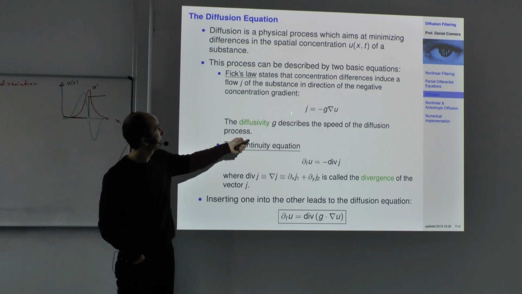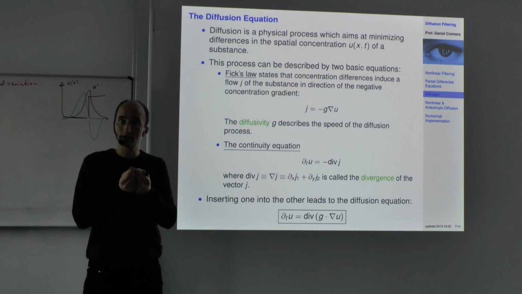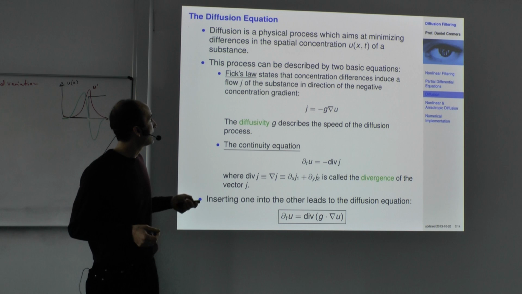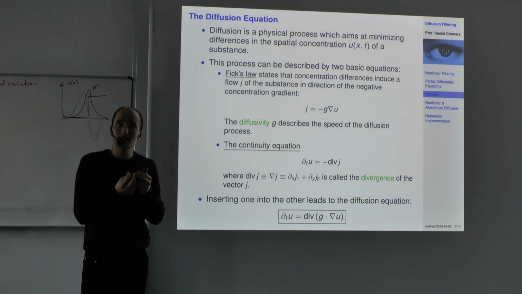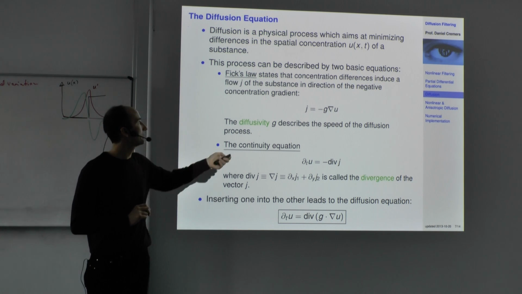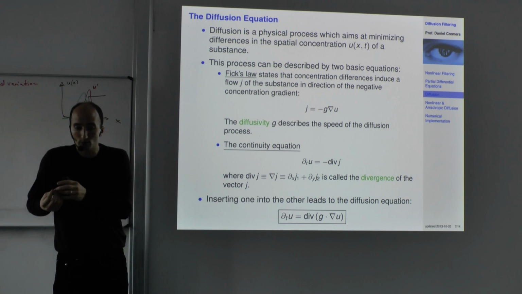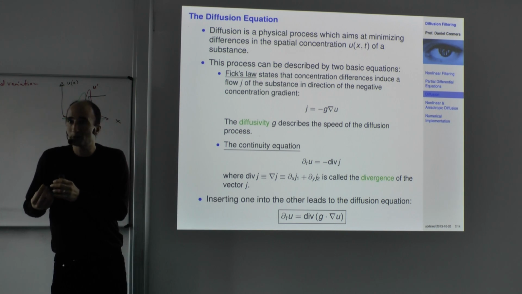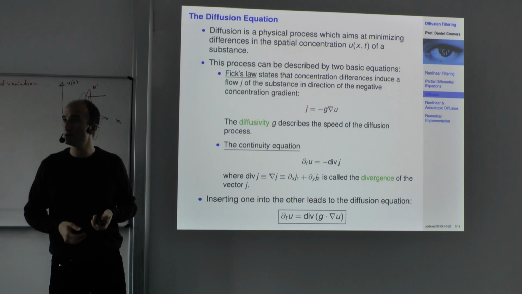It says that if you have a concentration of some material or substance, say in a liquid, and the concentration is not constant, then this varying concentration in space creates a flow of substance. So if you have more, say, salt or pepper in one location than in the neighboring location, the salt will diffuse.